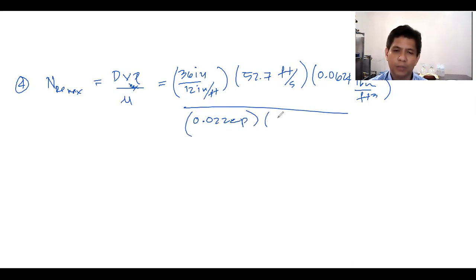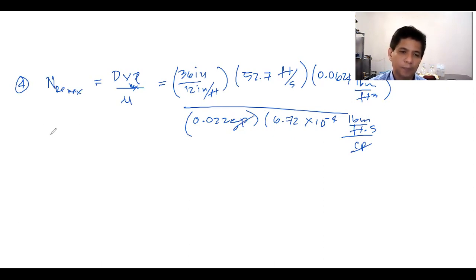So we use the conversion factor. I hope you still remember the 6.72 times 10 to the minus 4, which converts centipoise to pound mass per feet per second. The units cancel, so it's really unitless.